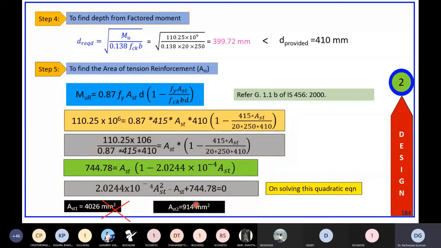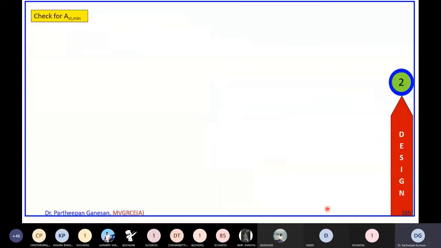So you will take the minimum value of 914 millimeter square. Let us say this required AST is 914 millimeter square, but this has to be checked for AST minimum and AST maximum. So let us say this value is A. Now you have to check for sufficiency. Check for AST minimum.